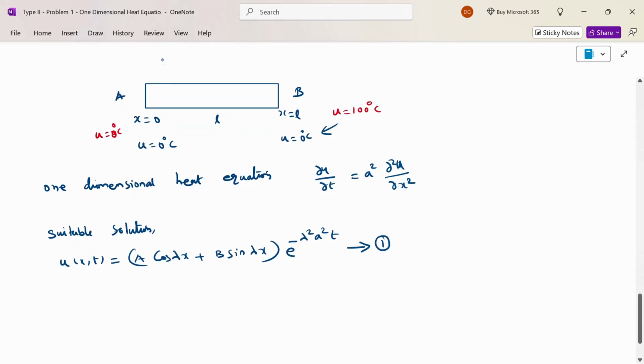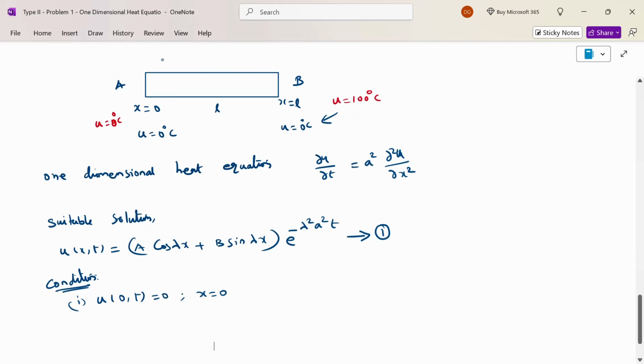Now when the rod temperature is reduced, one end has no change and the other end changes from 100 to 0, therefore the boundary conditions. What are the boundary conditions? The first condition: at x equals 0, u of 0 comma t equals 0.